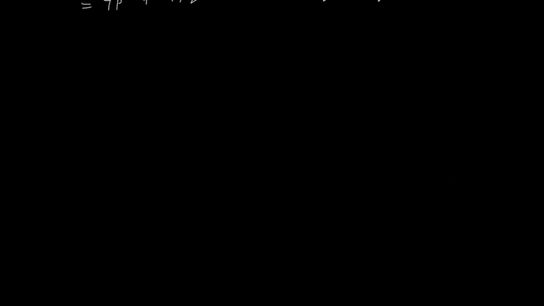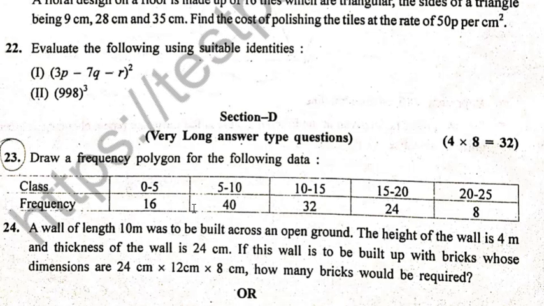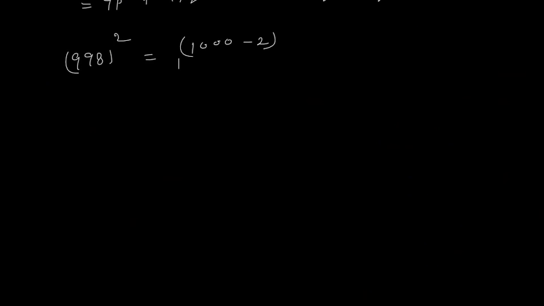We have to find the value of 998 the whole square. So 998 the whole square is 1000 minus 2 the whole square. Is it square or cube? Let us check. Cube. 998 the whole cube. So this is 1000 minus 2 the whole cube.